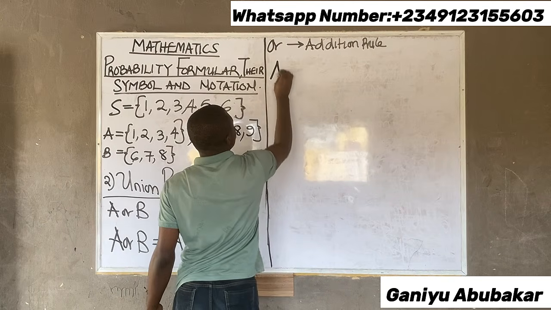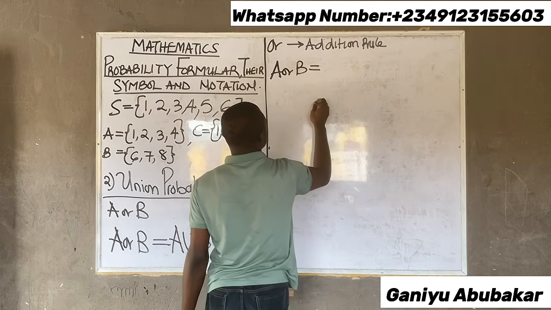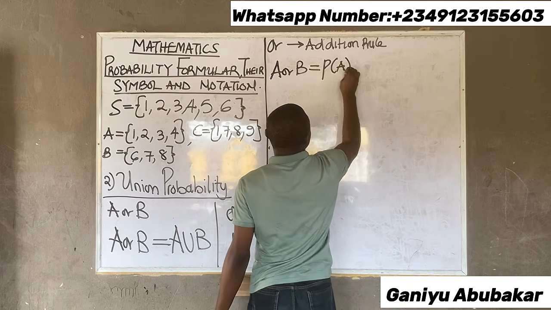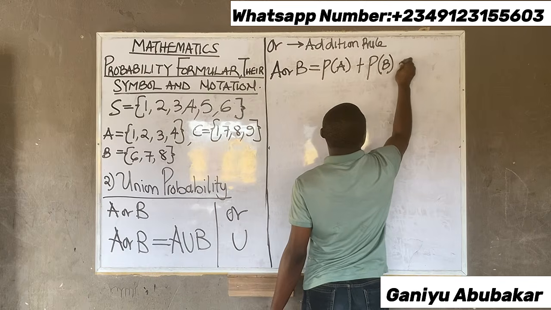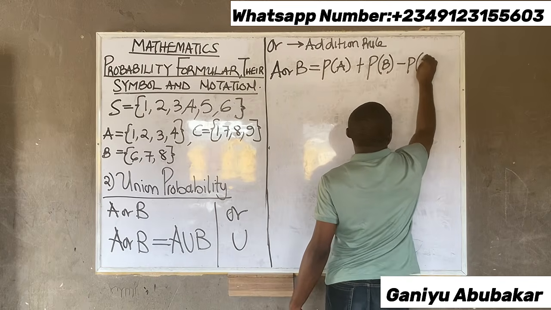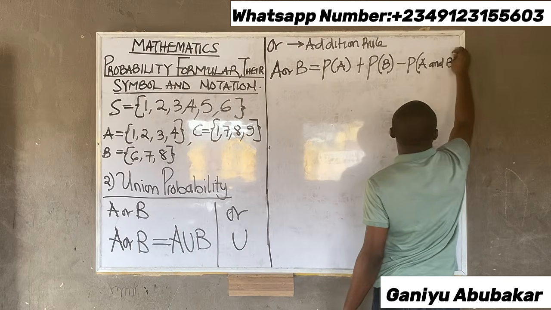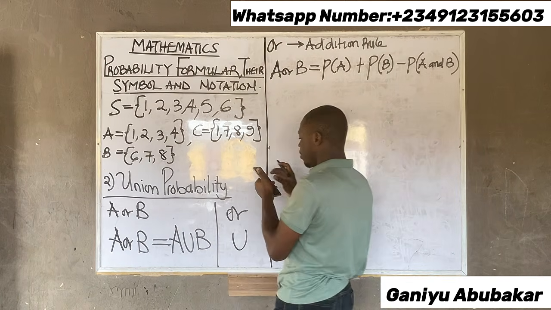A or B is equal to the probability of A plus the probability of B minus the probability of A and B. This is the formula for union probability.